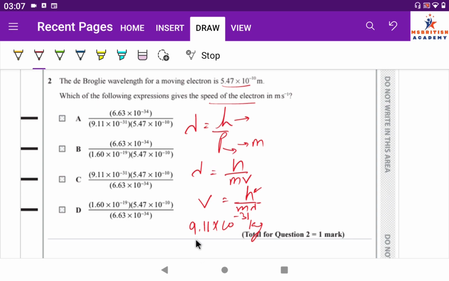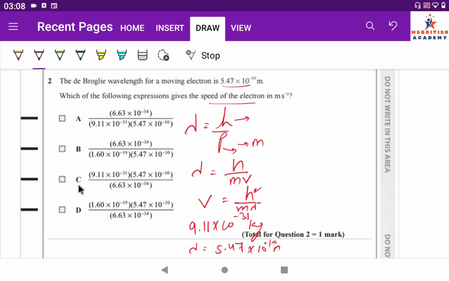Lambda is already given to us, and lambda is equal to 5.74 into 10 raised to minus 10 meters. After substituting all these three values you will get your answer. In the numerator you will get only the h value, 6.63 into 10 raised to minus 34.